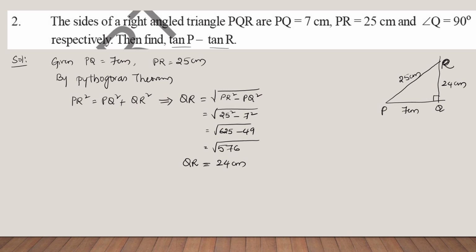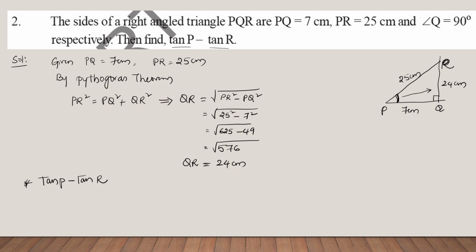Now what is required? The required thing is tan P minus tan R. From this question you can easily understand what we need to find out, right? This is nothing but the required thing. First of all, consider angle P. With respect to angle P, this is my opposite side and this particular PQ is the adjacent side.